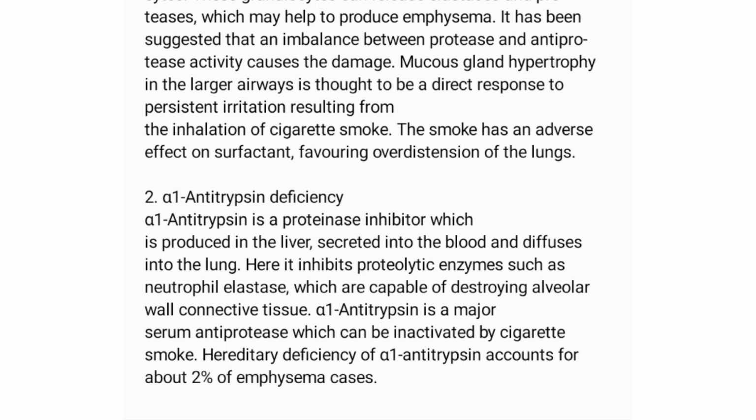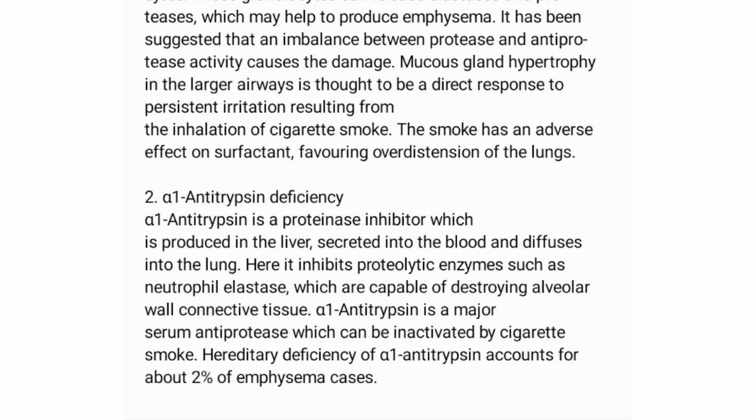And alpha-1 antitrypsin is a major serum antiprotease which can be inactivated by cigarette smoking. When cigarette smoking has inactivated the alpha-1 antitrypsin, its property of inhibiting proteolytic enzymes that destroy the alveolar wall connectivity will be lost.